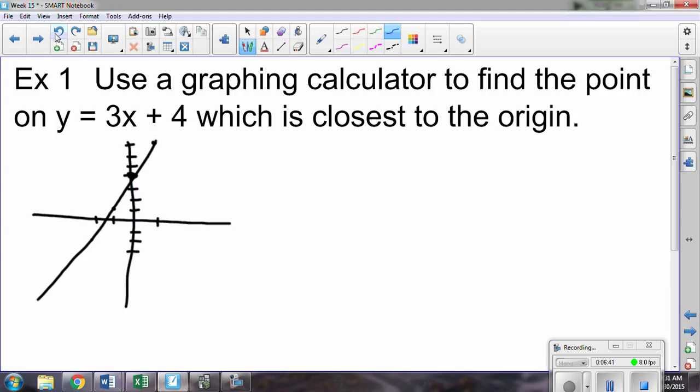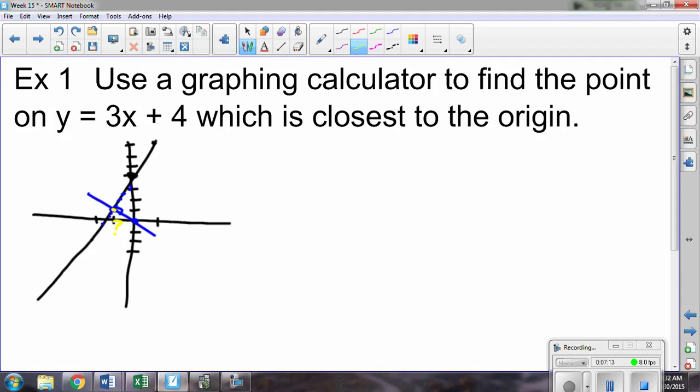Of all the possible points on the line, where is the one location that is closest to the origin? Well, graphically, we should look at it and say, here. But how are we going to get that point? What are the exact or precise locations for that particular point?